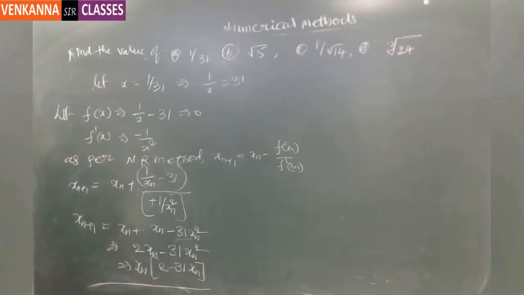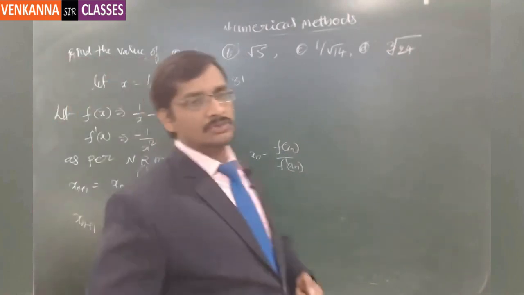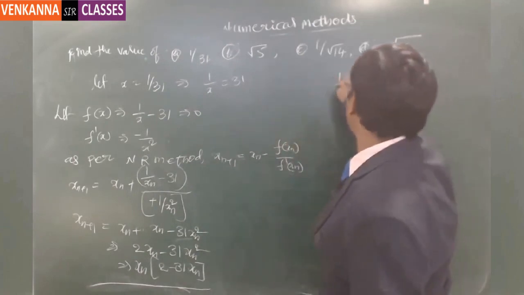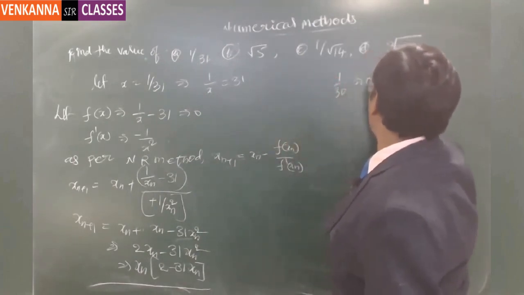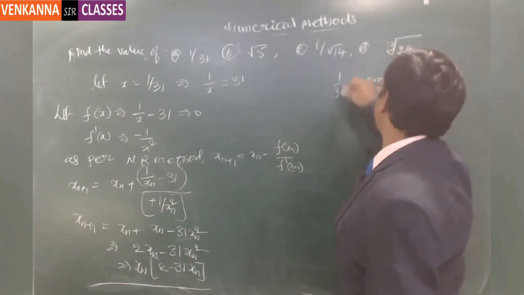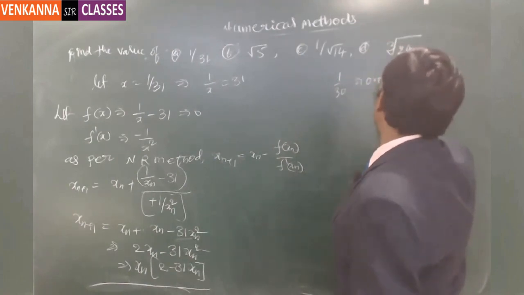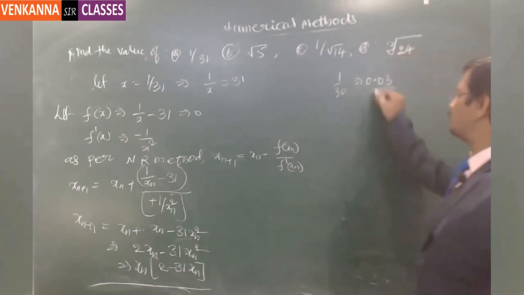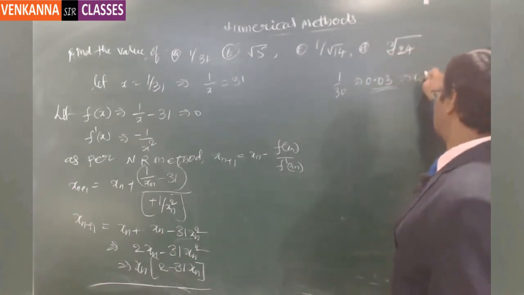Now here, let us try to approximate the initial root. Now we are talking about a value 1 by 30. So 1 by 30 is approximately 0.03. So this is a first approximation value. Being the first approximation, let us say x0.